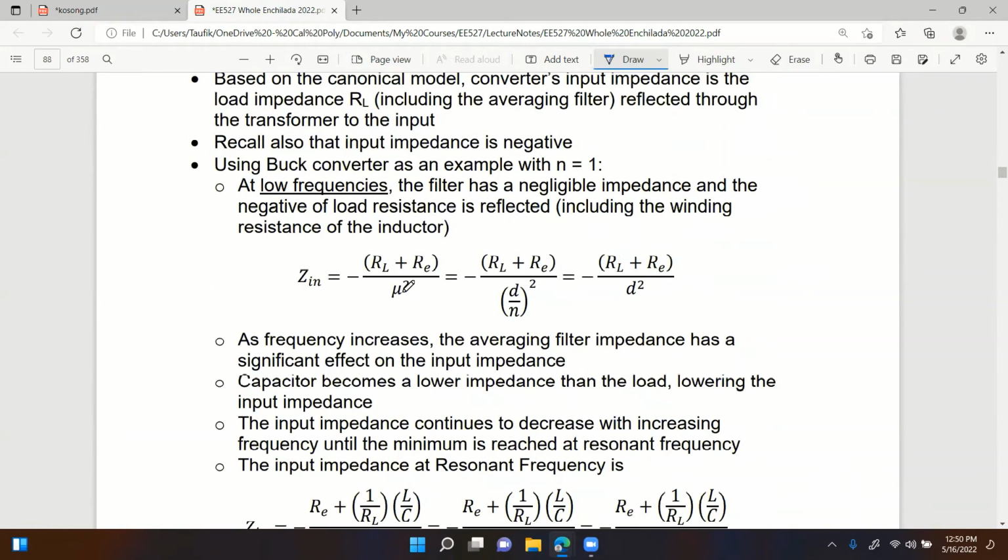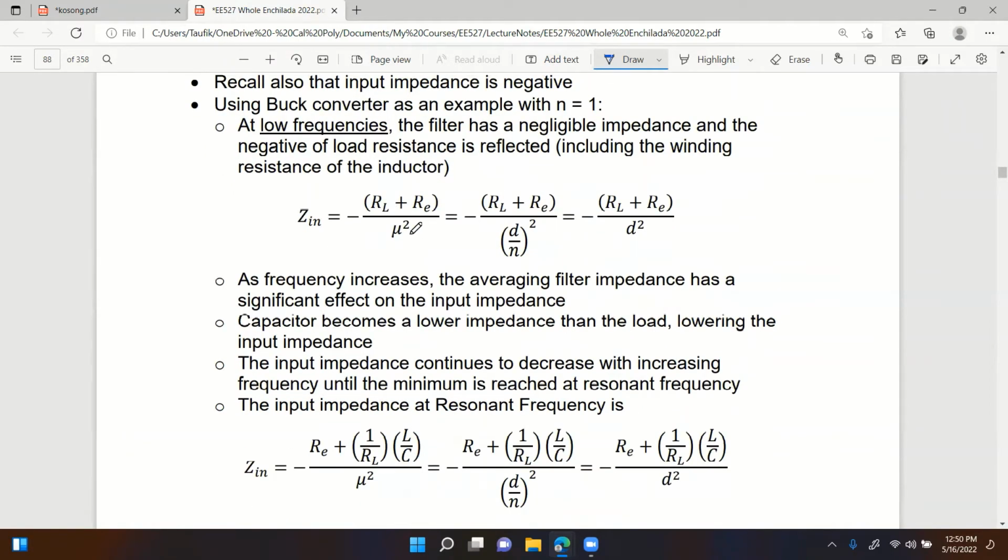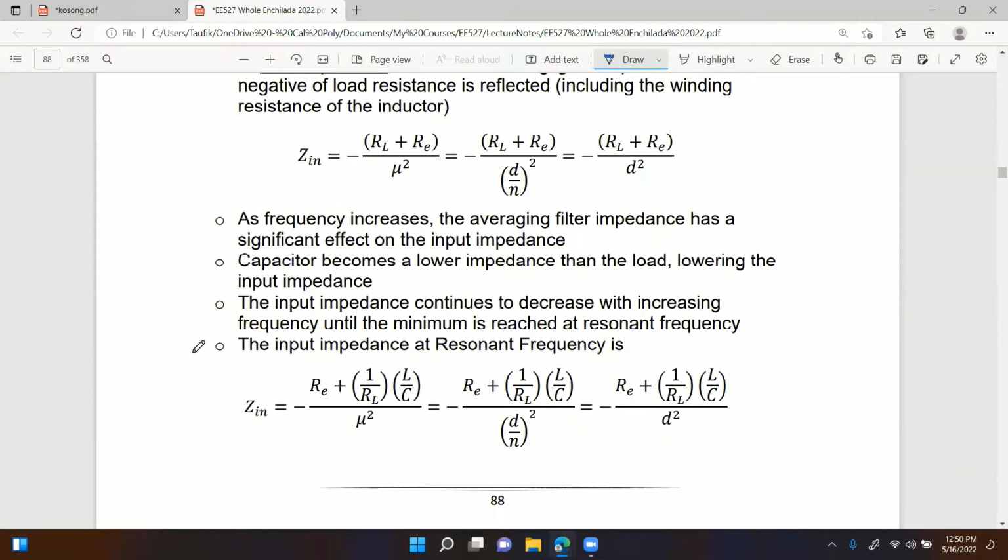You just include the mu, the turns ratio, and the rest will be the same. You just divide it by the turns ratio square, if you reflect it to the primary side, as you learned from 212. So I won't go through this. It's the same equation as the previous ones, except you divide it by mu square.